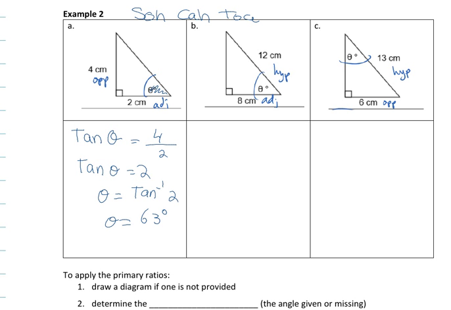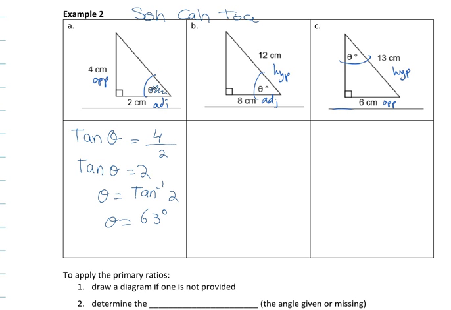All right. Second triangle is a right angle triangle. My angle of focus is theta. I know the hypotenuse, which is 12 centimeters. Do I know the opposite? No. Do I know the adjacent? Yes. So which one deals with adjacent and hypotenuse? Cosine.